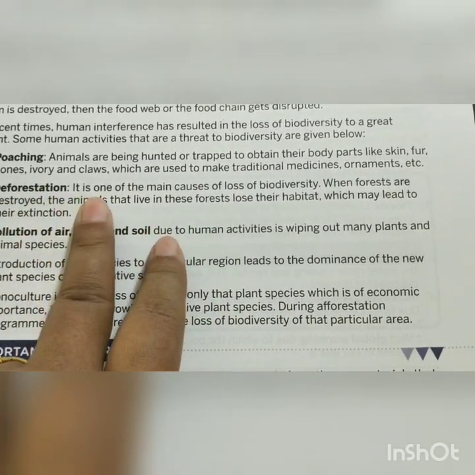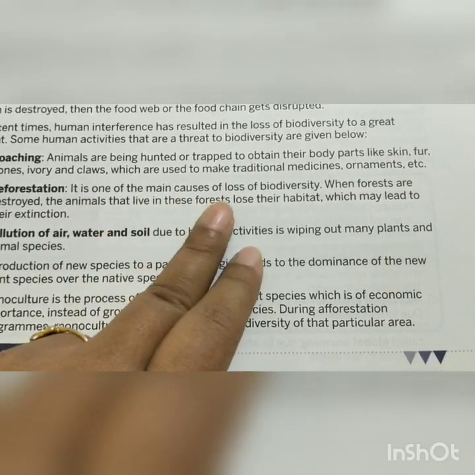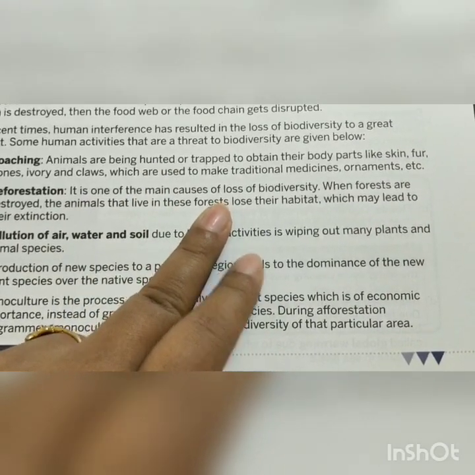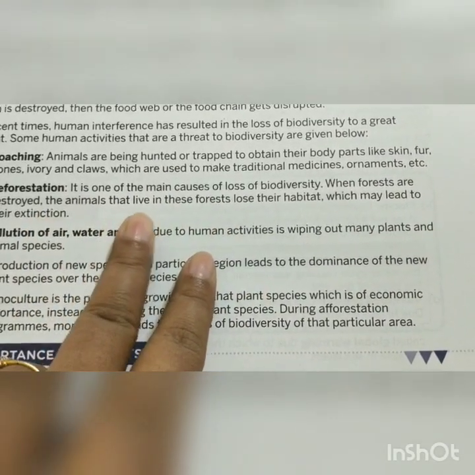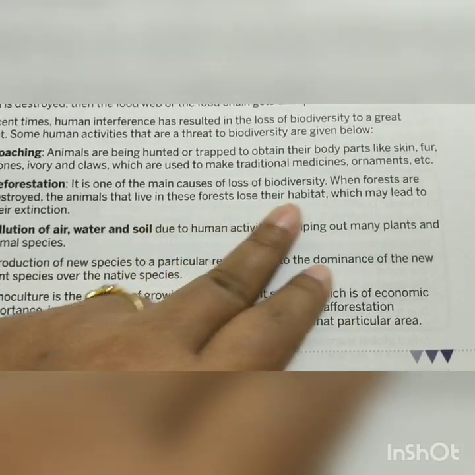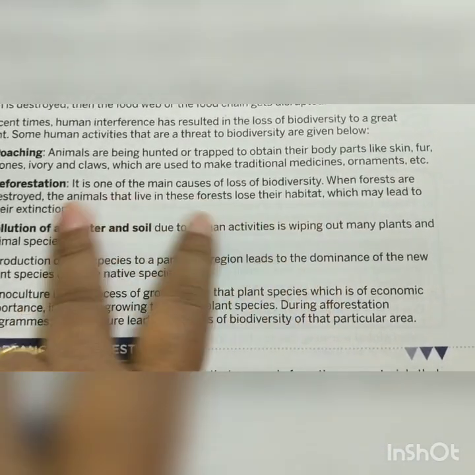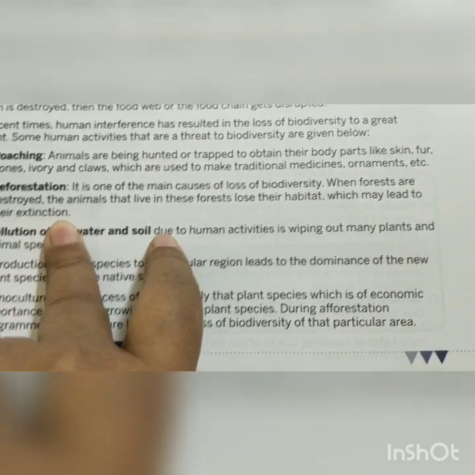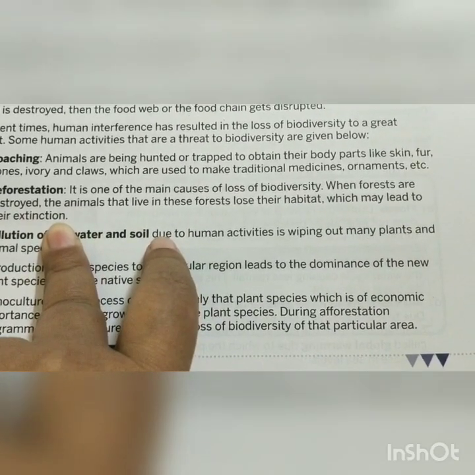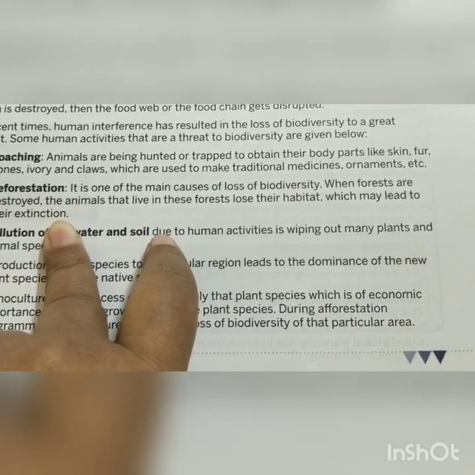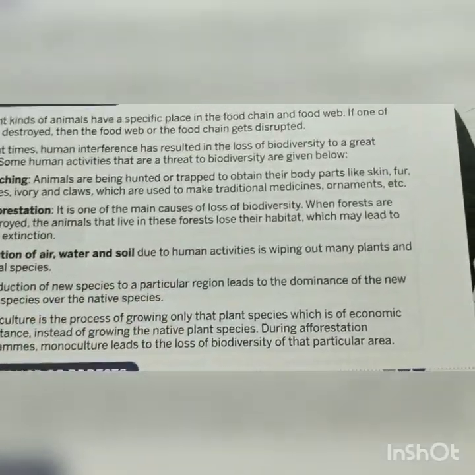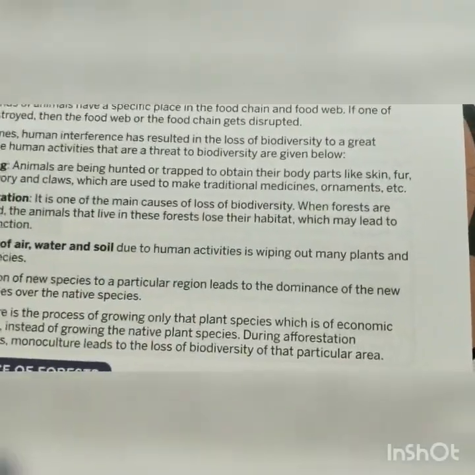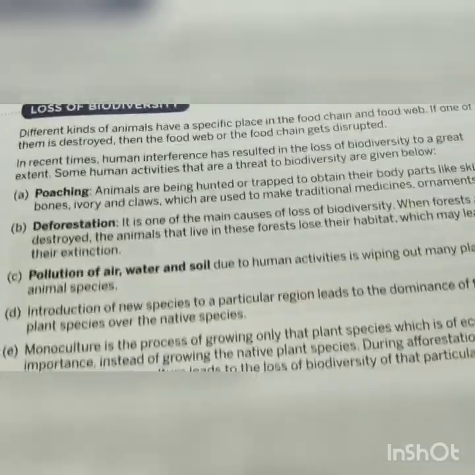Next one, deforestation. It is one of the main causes of loss of biodiversity. When forests are destroyed, the animals that live in these forests lose their habitat, which may lead to their extinction. So, due to the destroying of the forest, deforestation causes the loss of our biodiversity.